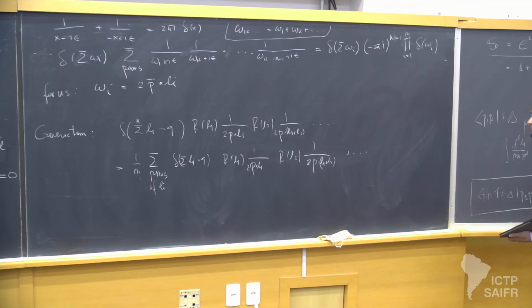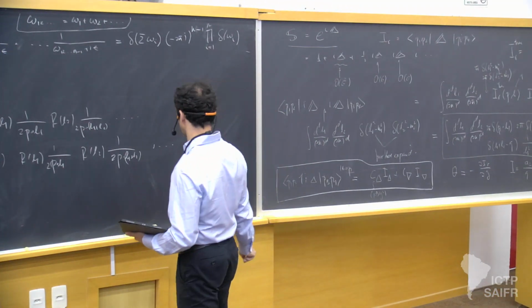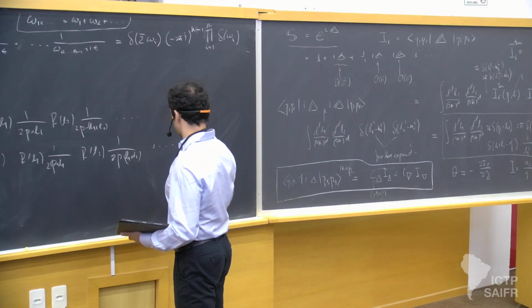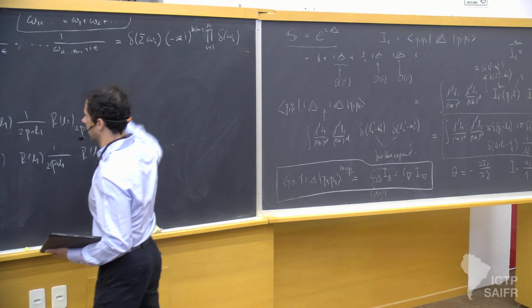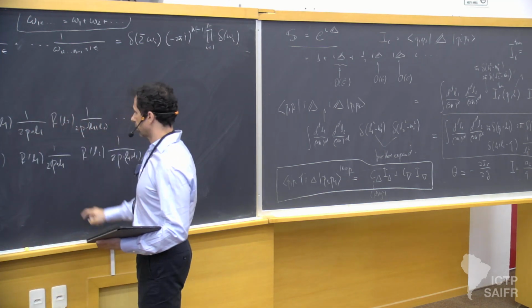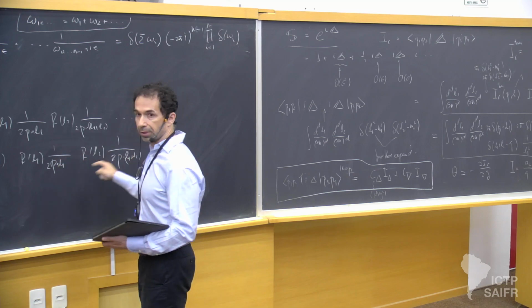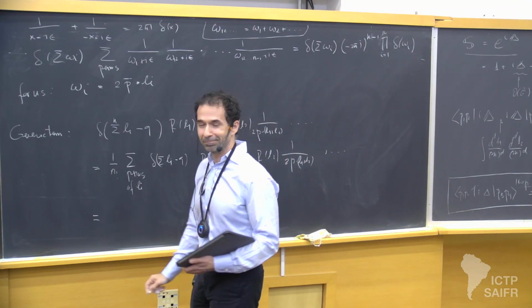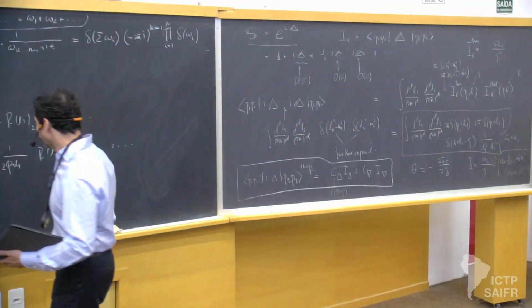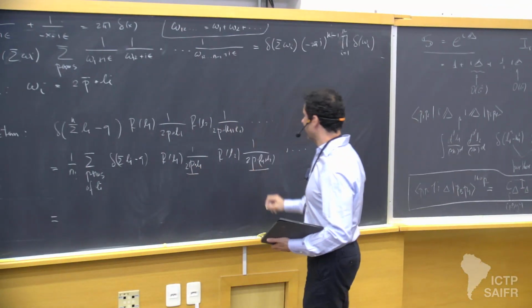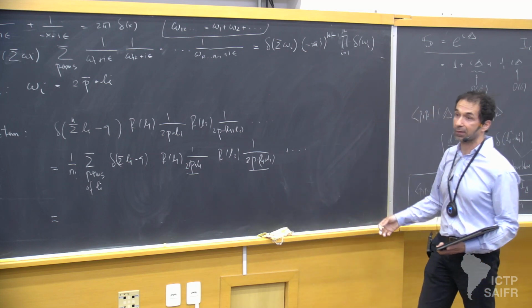Okay. So where does this take us? Well, we get to use this, and that means that we get to kill all of these here, and in fact replace them with delta functions.